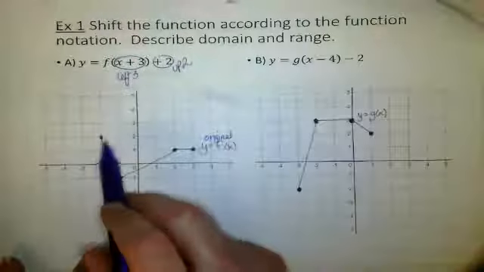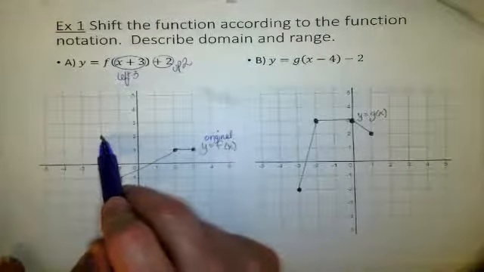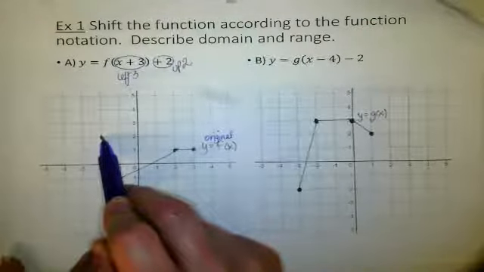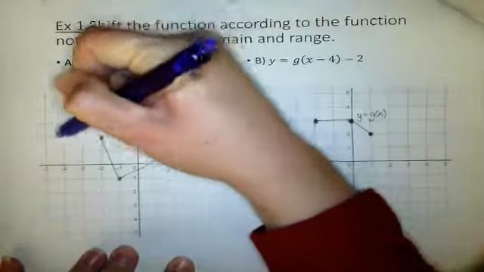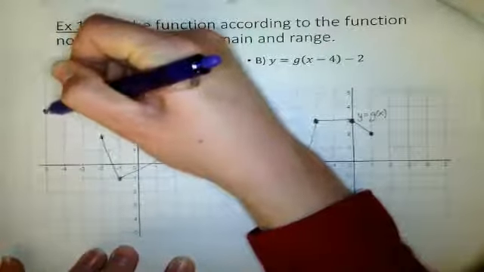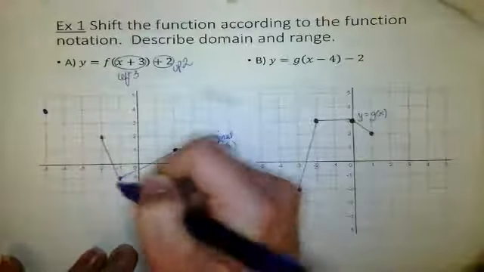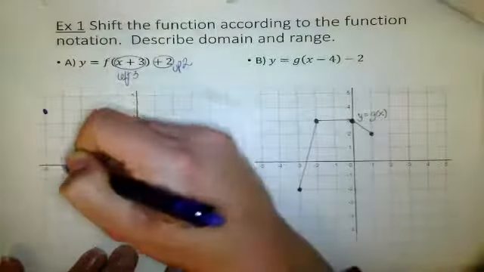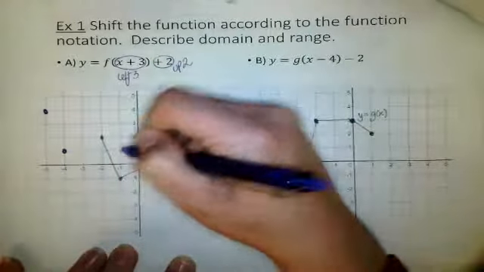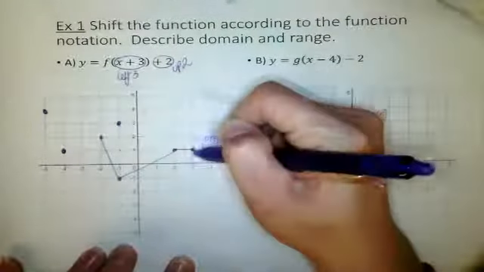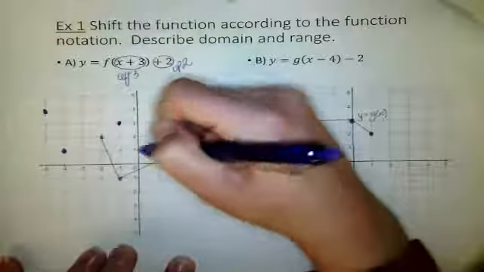So all I have to do is take these points, just like we've been doing, and slide them left 3 and up 2. So I'm just going to count left 1, 2, 3, up 2, and plot a nice big point. I do have to do that for all of them. 1, 2, 3, up 2. 1, 2, 3, up 2. And 1, 2, 3, up 2.